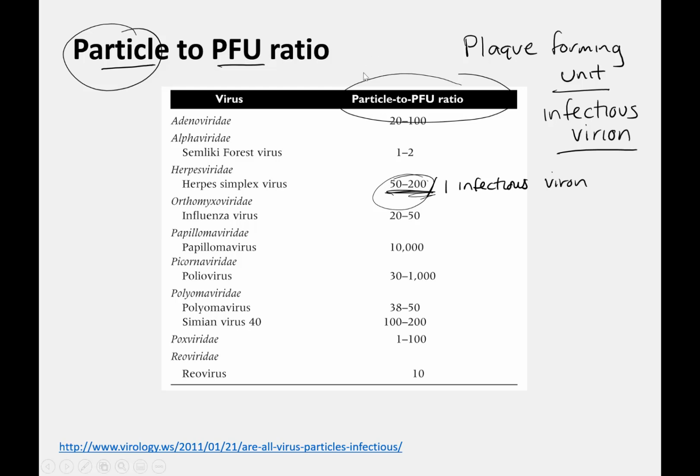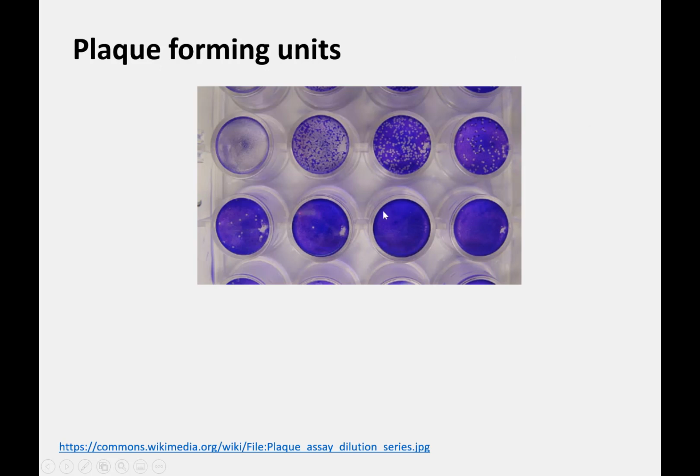And the way we determine plaque-forming units are these little dots here. Remember that viruses have to grow in a cell culture or in some kind of cells if we're working with them in the lab. So say these were my cells, all nicely grown in the little circle dish.